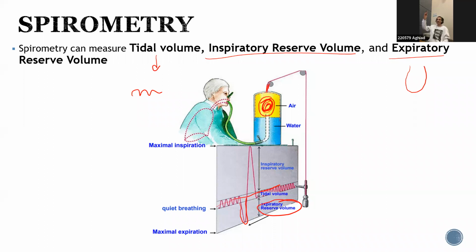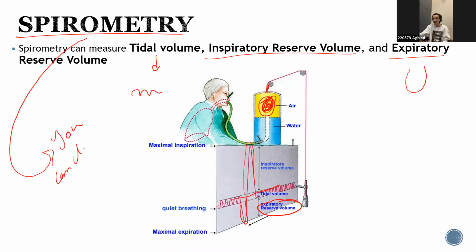Or maximally inhaling, changing the volume inside of here, will create this reflection on the graph. So a spirometer measures the volumes you can change voluntarily.